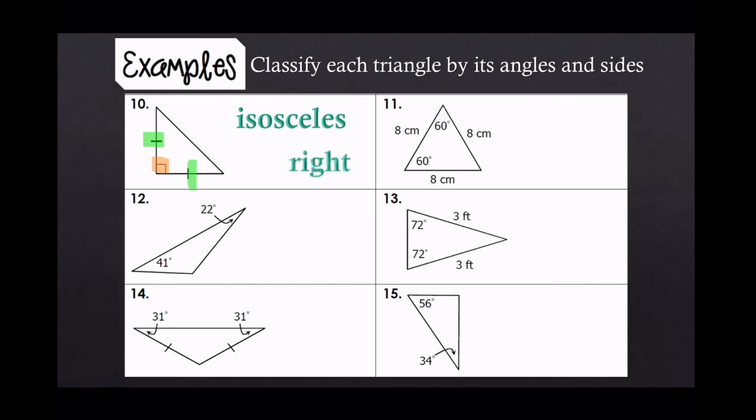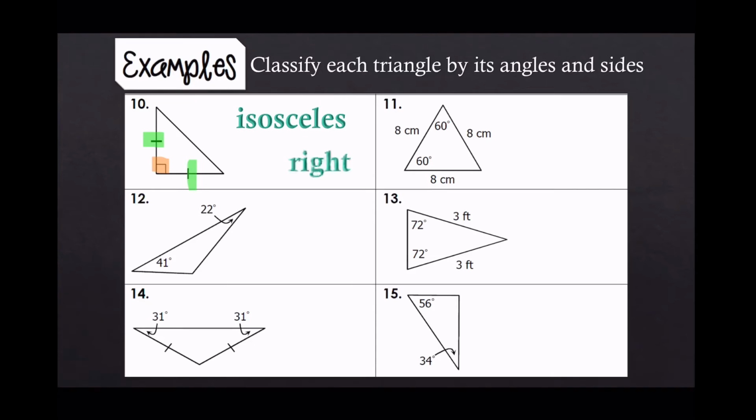So let's go look at number 11. I'm looking at all 3 angles here. It only really tells me 2 of them. But I technically know that if those 2 are 60, 60 plus 60 is 120, so the third one is 60.